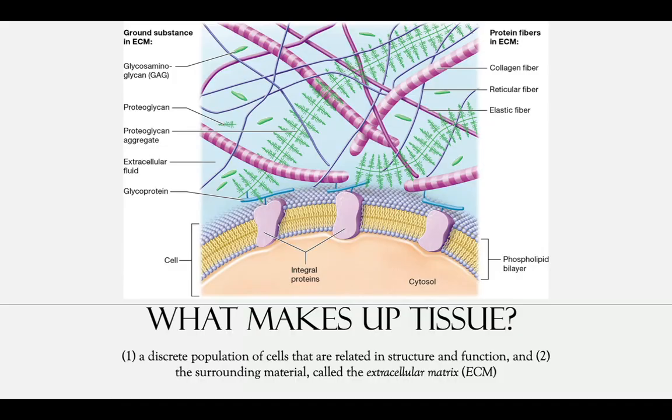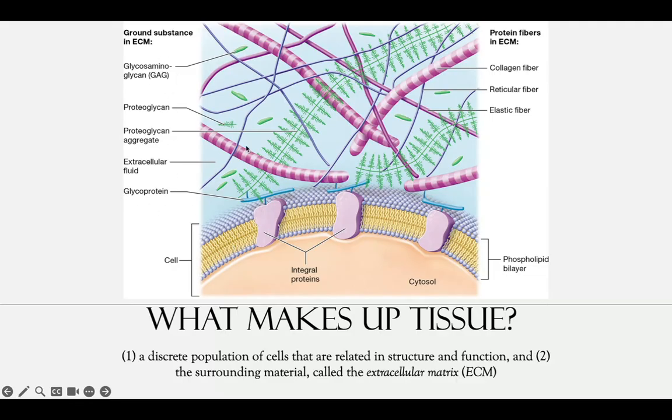And we have basically two major components. We have ground substance, which again, mostly water, but there are some glycosaminoglycans, GAGs, proteoglycans, different proteins, glycoproteins, right? That's all going to be composed of the ground substance.